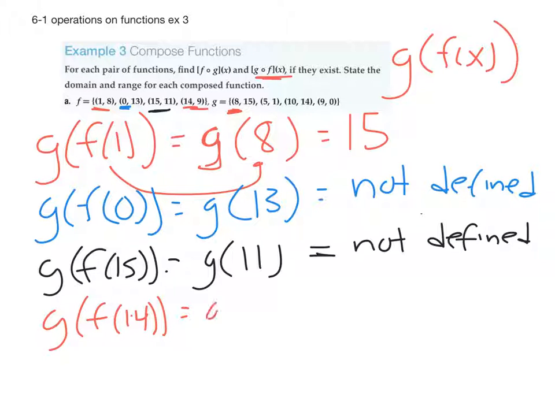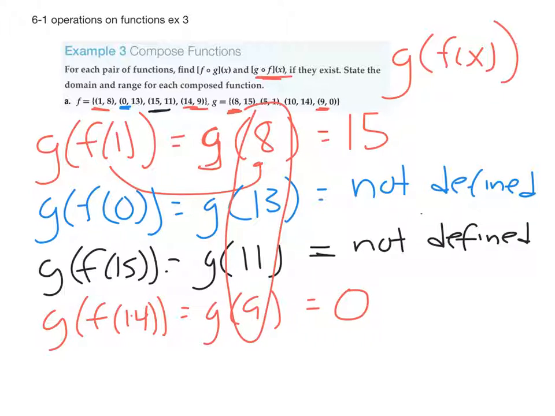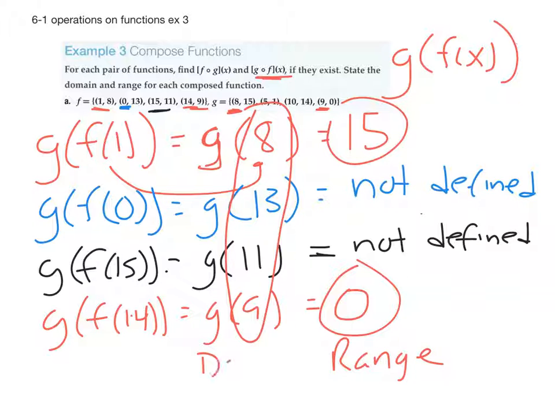And so now I get g of 9, because that's what f of 14 equals. And g of 9 in the other function is 0. It does have an answer, 0. So our domain are these, because those are the x values, and our range are these two. So our range and our domain.